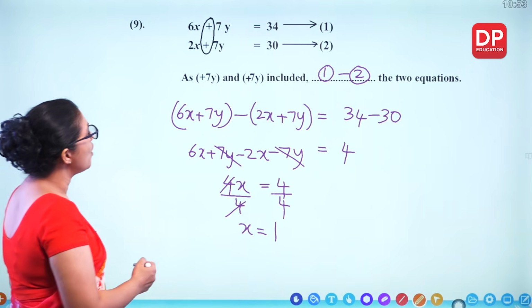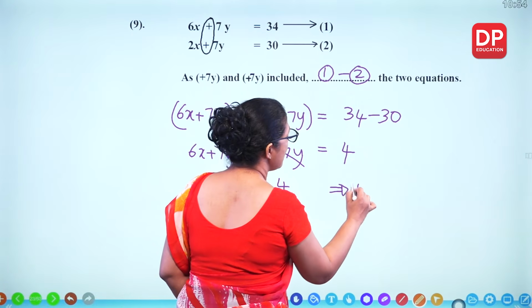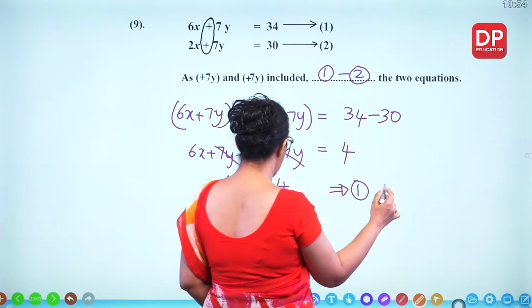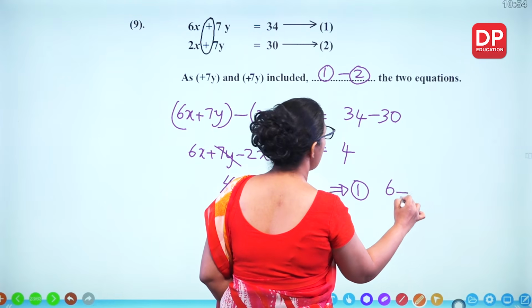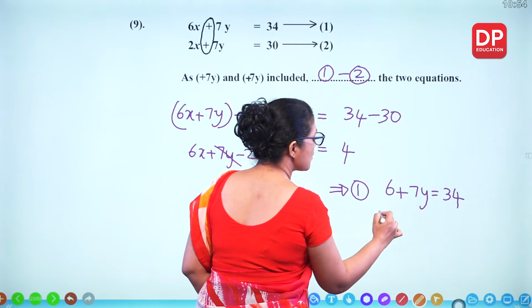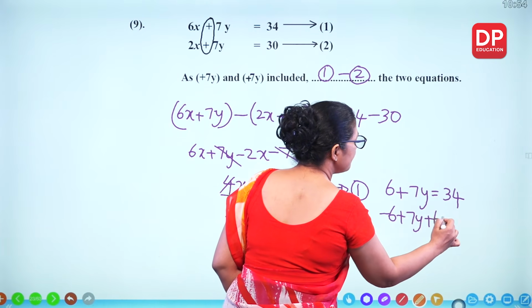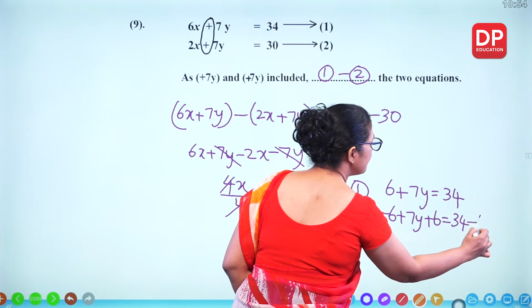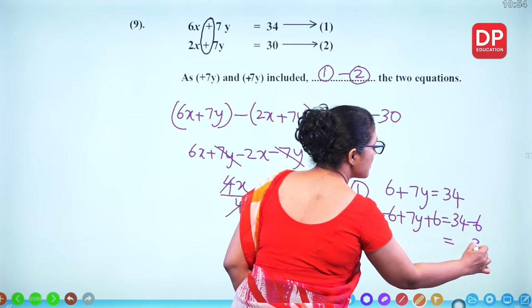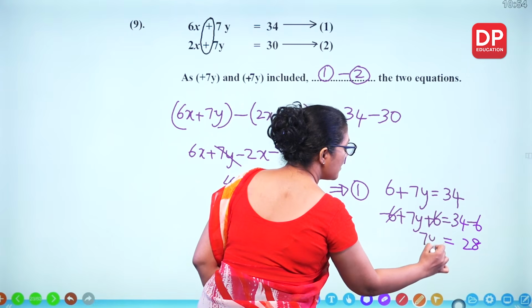And how do we find the y value? Take any equation. I'll take the first one. 6x, 6 times 1 is 6, plus 7y equals 34. So subtract 6 from both sides. You get 28 equals 7y.